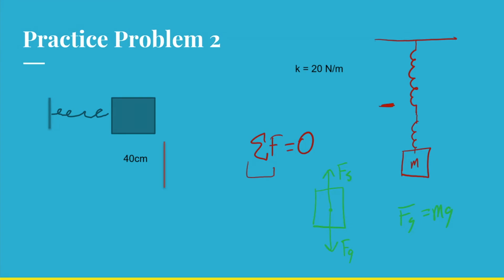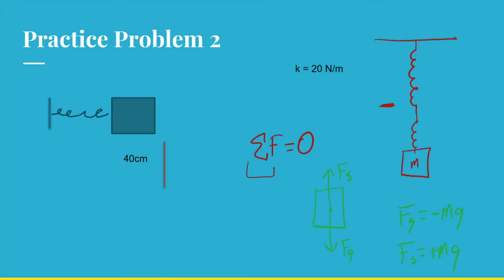If I'm saying that this is negative, if the force of gravity is negative mg, then the spring force must equal positive mg to counteract the downward force.